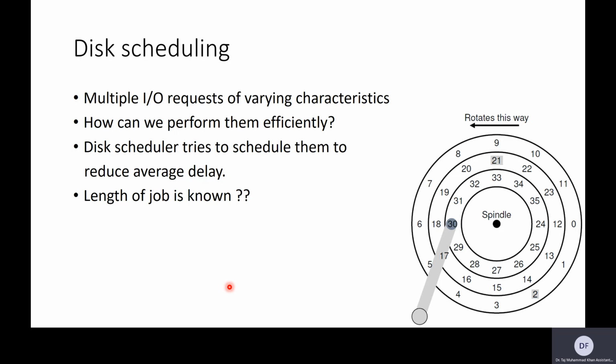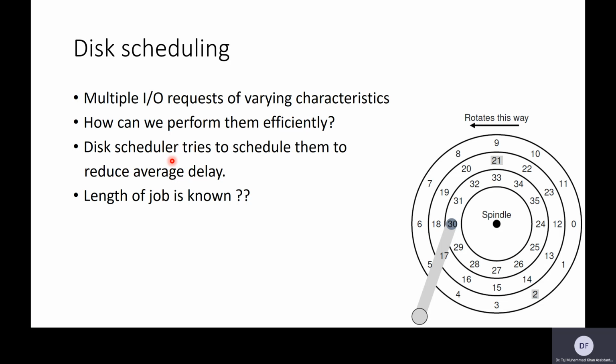When we have multiple requests of varying characteristics arriving to read or write from different locations of the hard disk, how can we sequence or schedule them so that our hard disk performs most efficiently? The disk scheduler is trying to reduce the average delay.